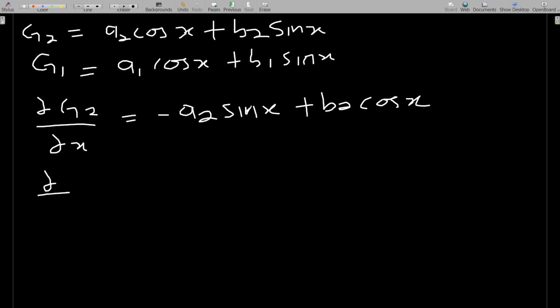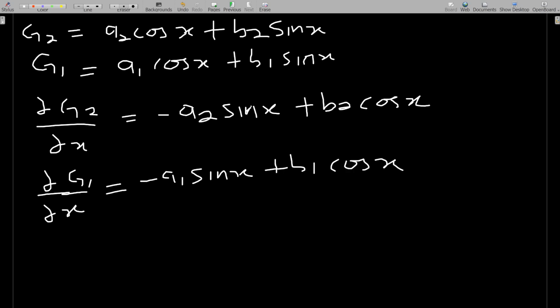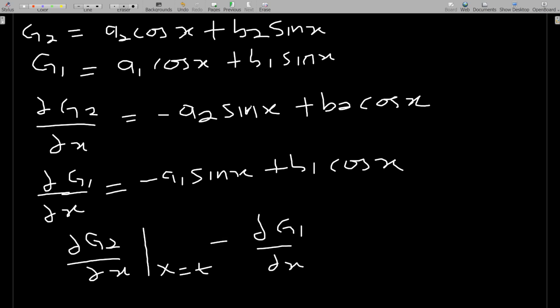And del g1 del x is equal to minus a1 sin x plus b1 cos x. Now we said we have to do this: there's a fourth point, del g2 del x at x equals t, minus del g1 del x at x equals t, and this should be equal to negative 1.